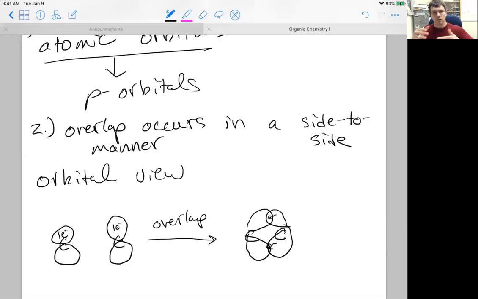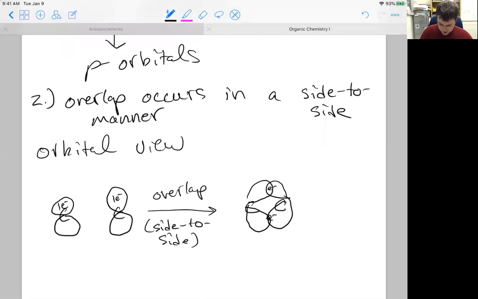And it's not just the overlapped region, they can exist throughout the whole thing. So overlap occurs, but it's side to side. It was awkward to draw, and it's even more awkward if your electron's trying to be shared across these things. So side to side overlap is weaker than head to head overlap.